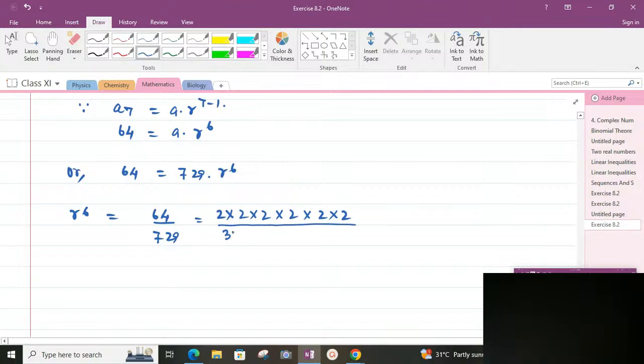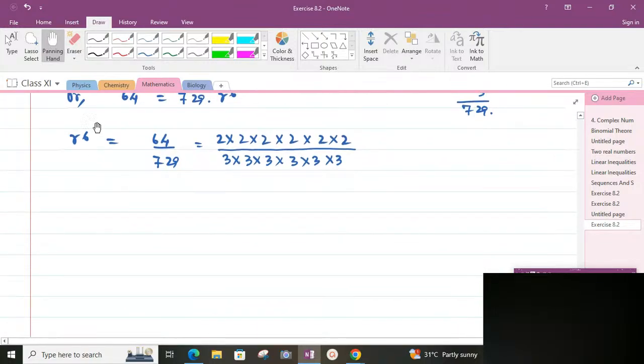And here will be 3 into 3 into 3 into 3 into 3 into 3. 3 3 is 9, 9 3 is 27, 27 3 is 81, 81 3 is 243, and 243 3 is 729.